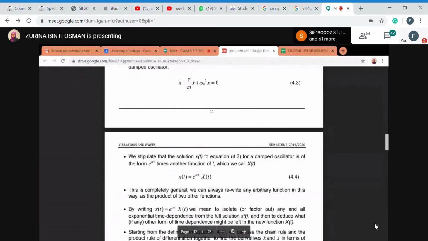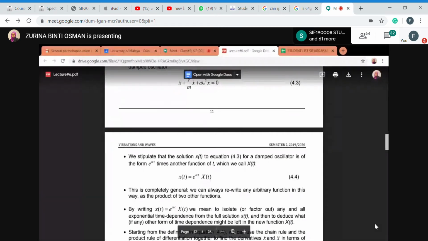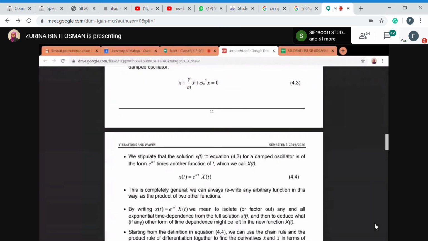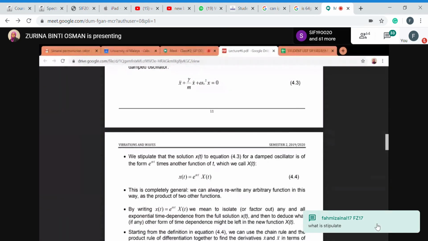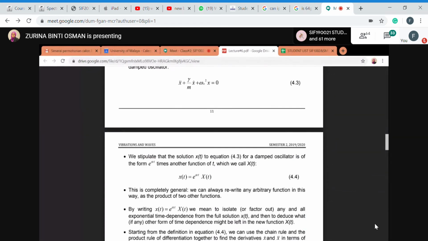We stipulate that the solution x of t to equation 4.3 for a damped oscillator is of the form x of t equals the exponential function e to the alpha t multiplied by another function of t, which we call capital X of t.